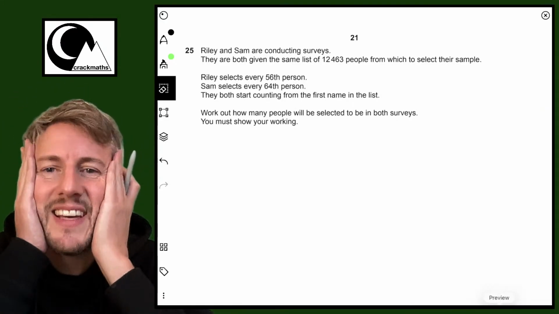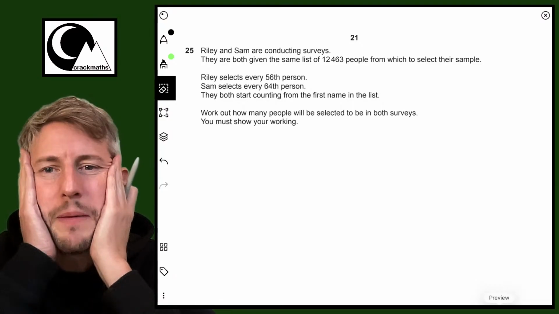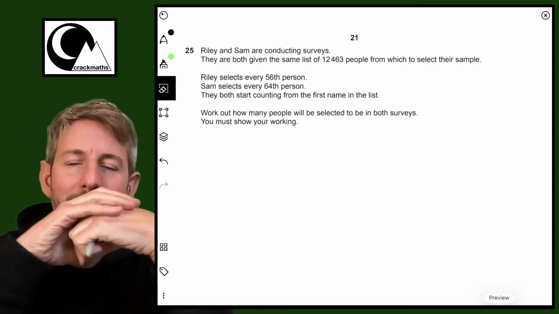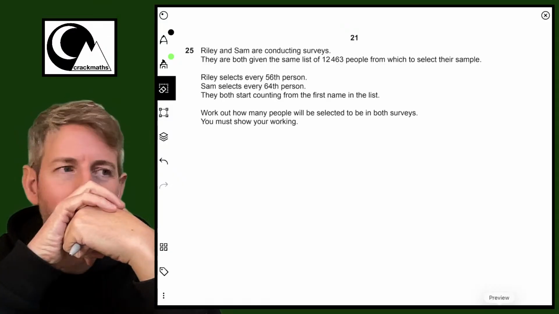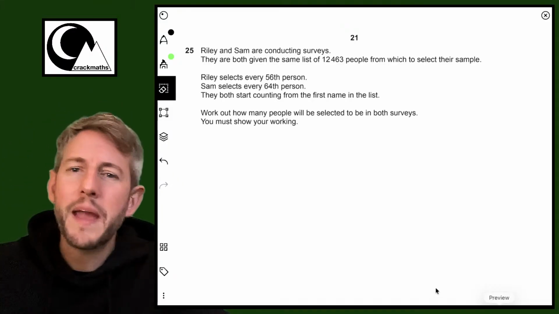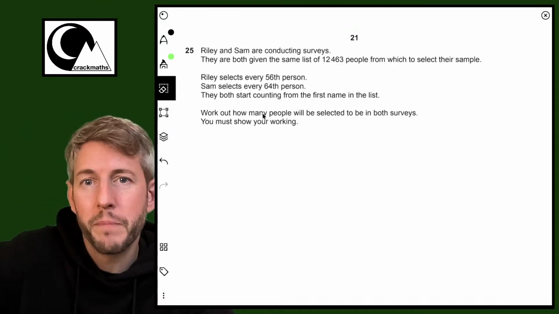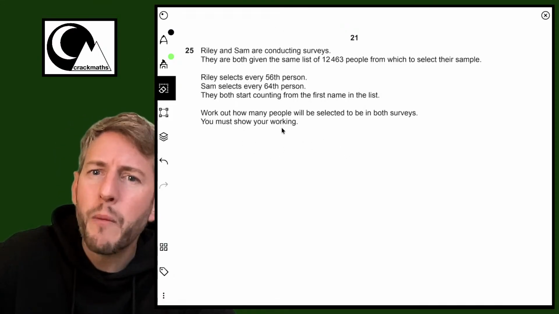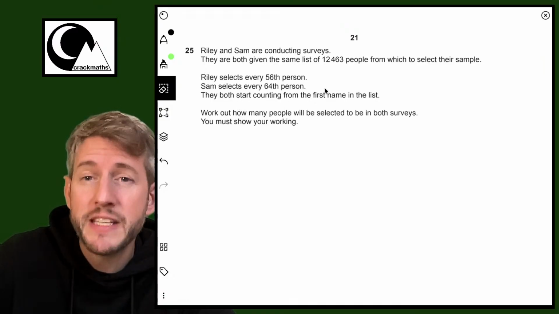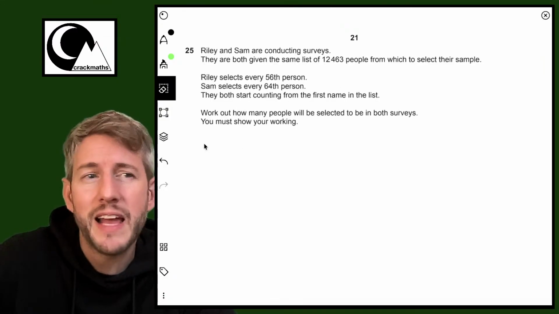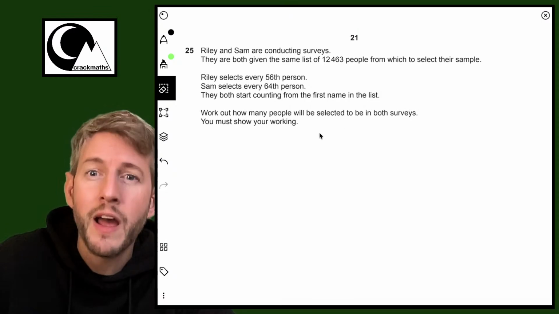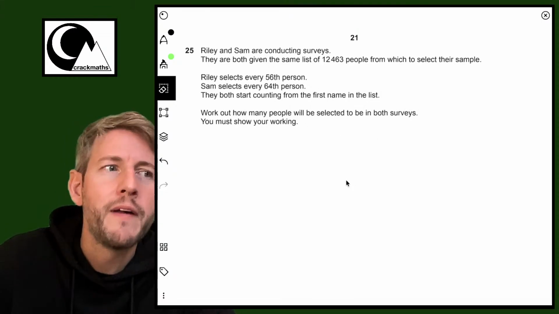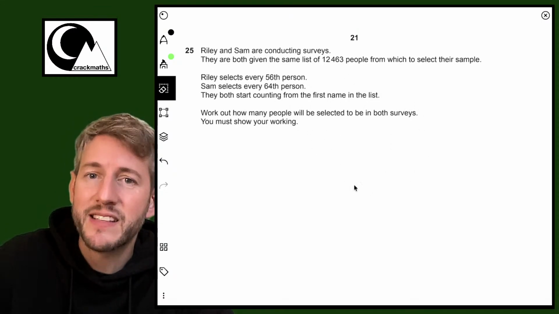Ah, I get it. It's not how many people will be selected in both. Right, I've got it. What they mean is this is a lowest common multiple question. So they want to know that if I'm selecting every 56th person and every 64th person, how long before the same person is selected twice?